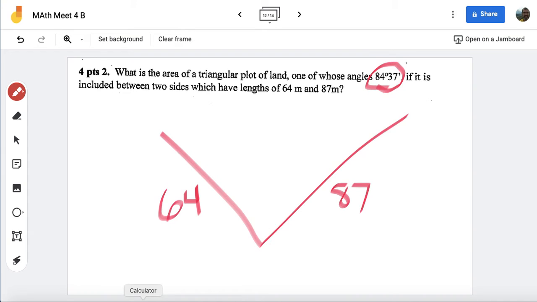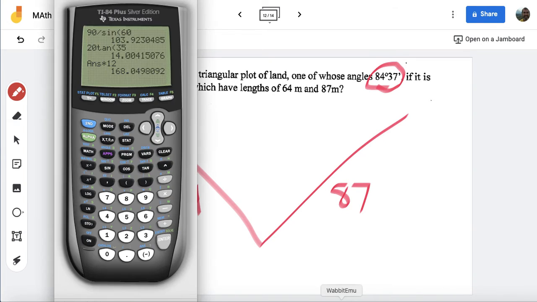You'd have to know that it's 84 degrees and 37 minutes. 37 minutes divided by 60, since there are 60 minutes in a degree, plus the 84 degrees. So that's the measure of the angle in degrees. And then I would plug it into the law of cosines.